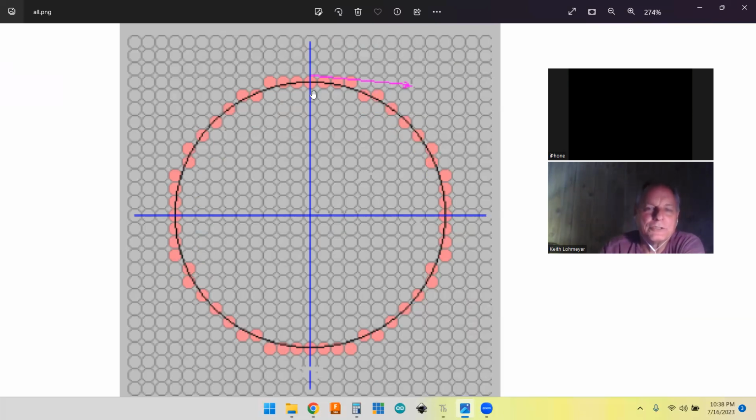You can see that this 10 pixel radius circle has only 14 pixels on a quarter, so there's only 56 around the whole circle. So when you do your sine and cosine, you're going to get a lot of duplicates if you do 360.